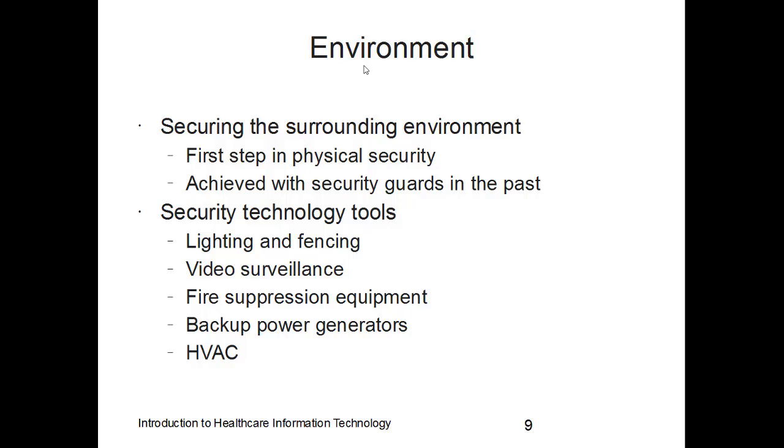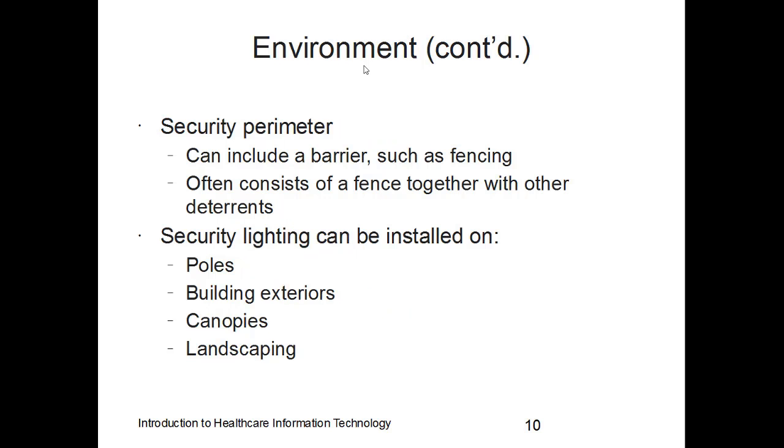Now, in the past, this was done by the use of security guards. We moved on to security technology tools, including lighting and fencing, video surveillance, fire suppression equipment, backup power generators, and HVAC systems. The security perimeter can include a barrier such as fencing around a physical facility, and it often consists of a fence together with other deterrents.